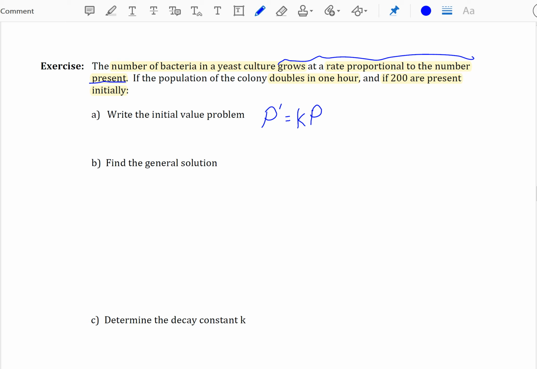Now I chose to use the letter P because we're talking about a population of living things. However, in other problems, you may use other letters rather than P to represent your variable. We also know that because this population is growing, our constant k will be greater than 0.